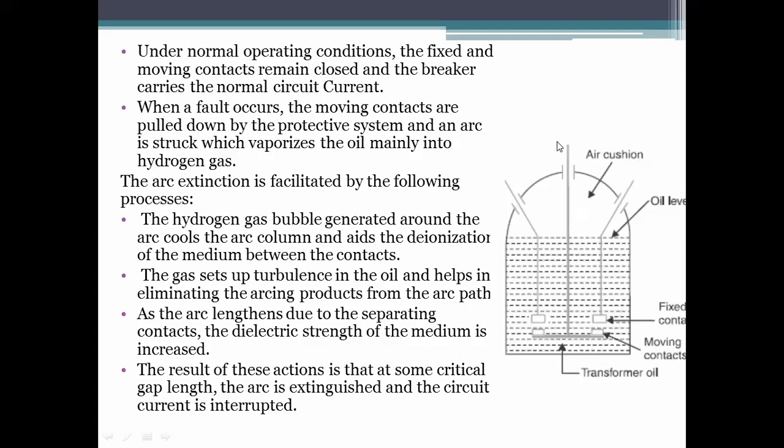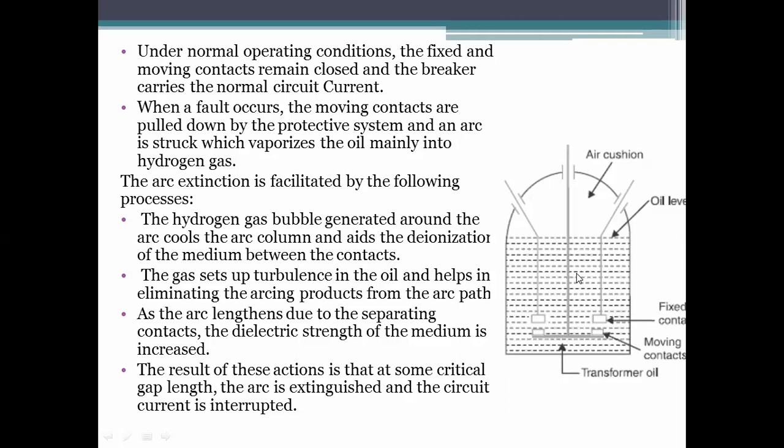Some mechanical piston is connected here. These contacts are always closed, but when any fault occurs, this will be moved away and the arc will be struck between these two contacts, and that will be cooled by this oil.